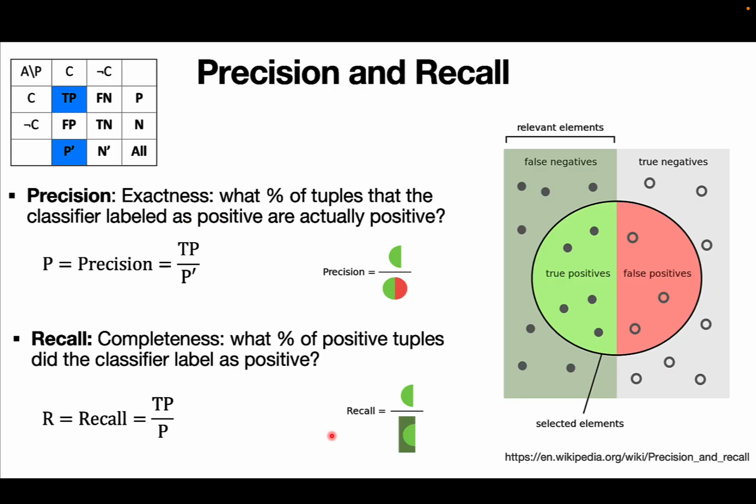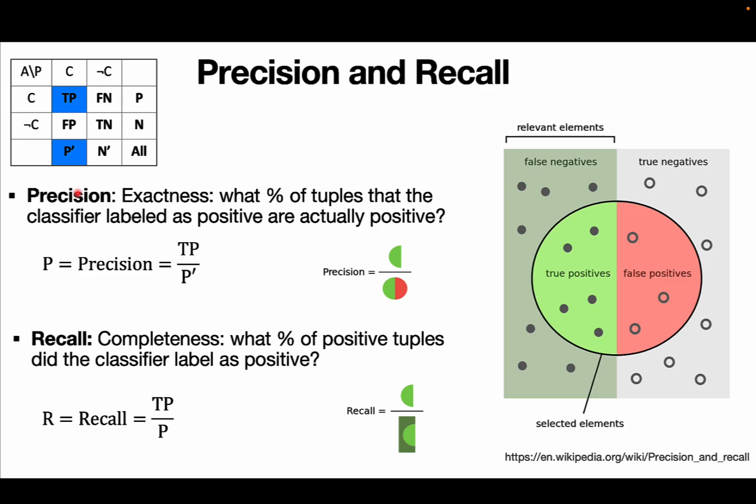Now we add more measures to our toolbox. Precision and recall are measures that came from the information retrieval community. Precision measures how many of the predicted positive cases are actually correct. So we're dividing true positives over the total number of true positives and false positives.